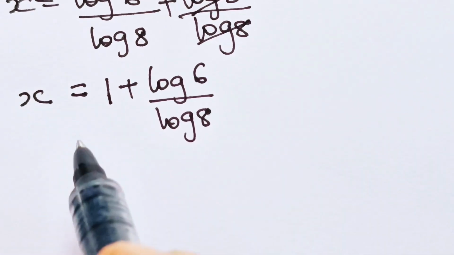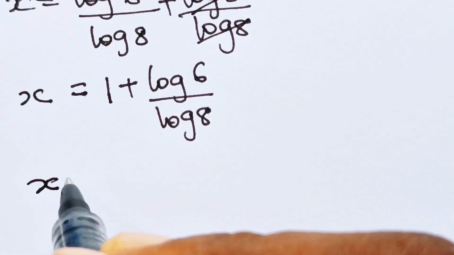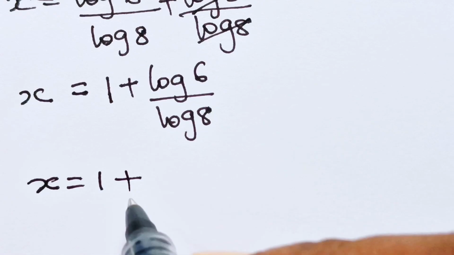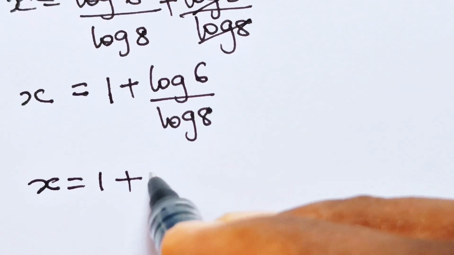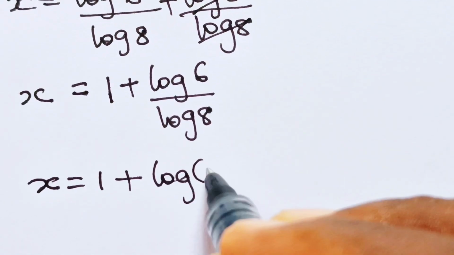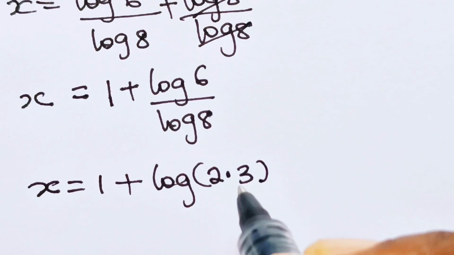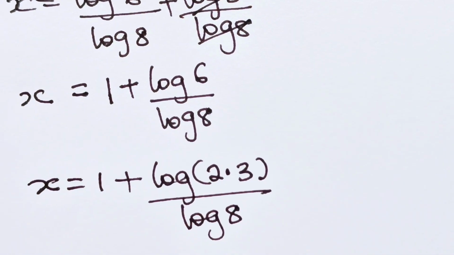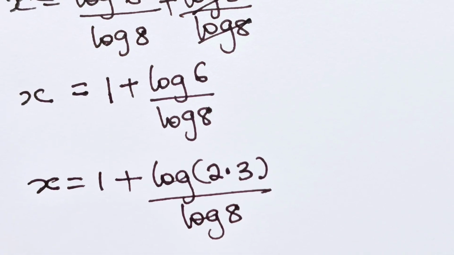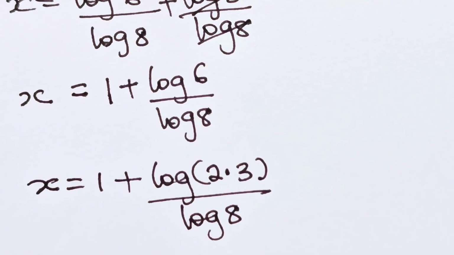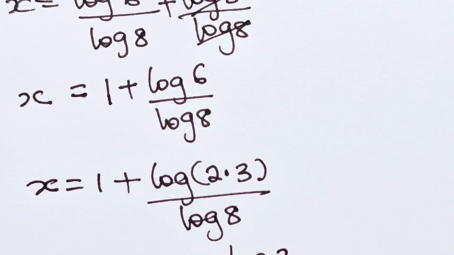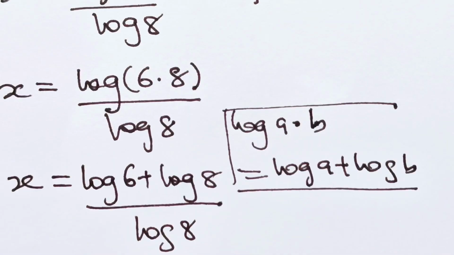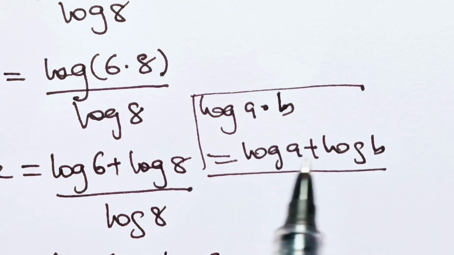Now we write that x is equal to 1 plus, but log 6 can be written as log of 2 multiplied by 3, divided by log 8. So we have x is equal to 1 plus log 2 plus log 3, because log of 2 multiplied by 3 is the same thing as log 2 plus log 3, following this particular law.